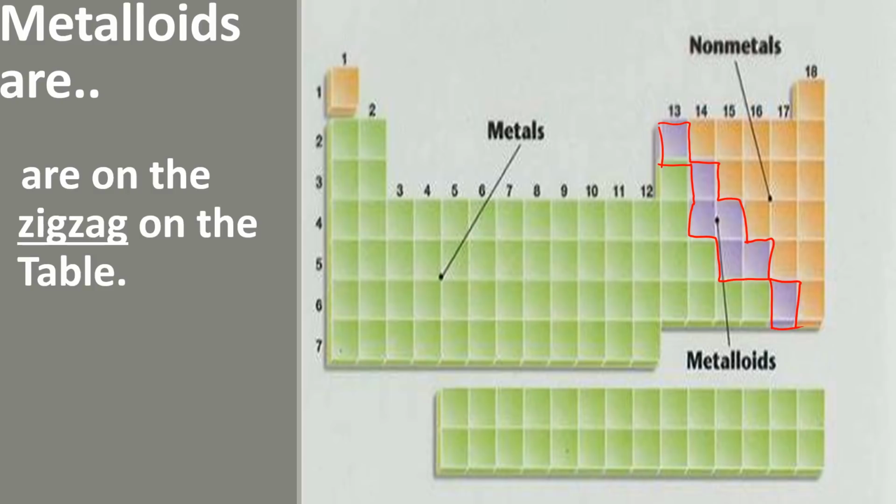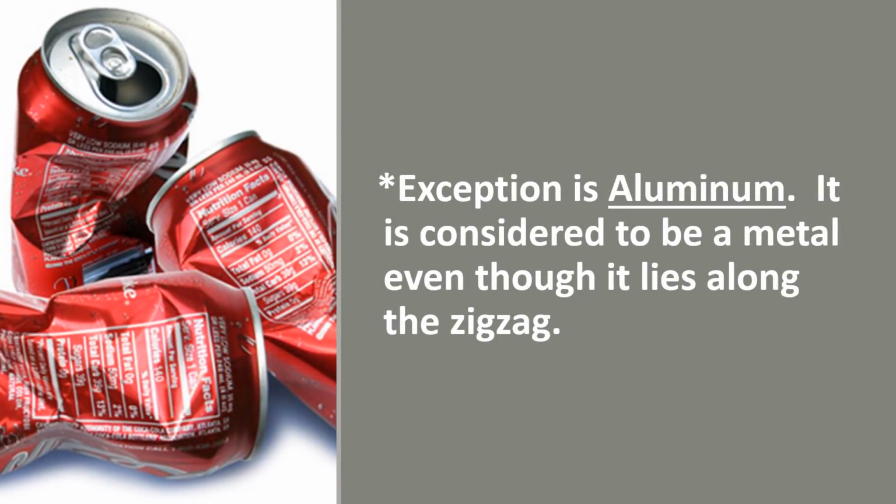Metalloids are kind of a weird situation where they have a little bit from column A, a little bit from column B. The only exception along that zigzag is aluminum. It's considered to be a metal even though it lies along the zigzag.